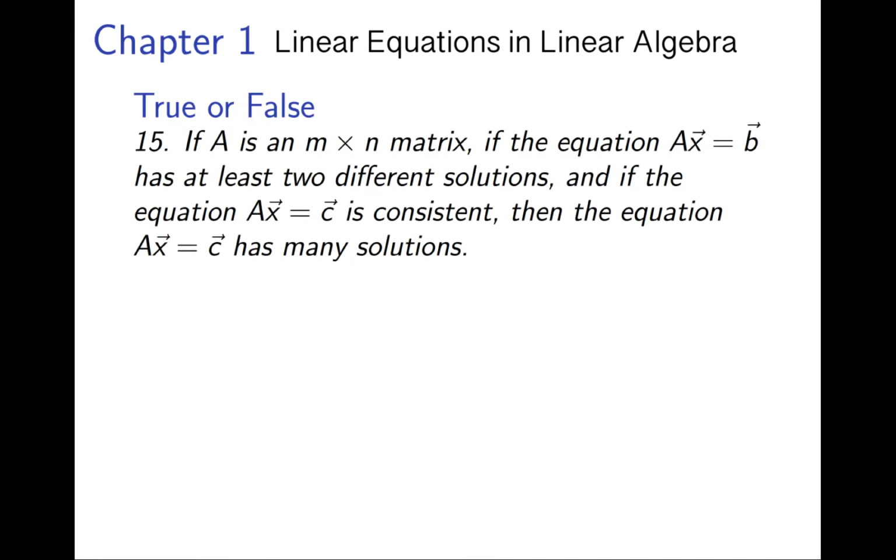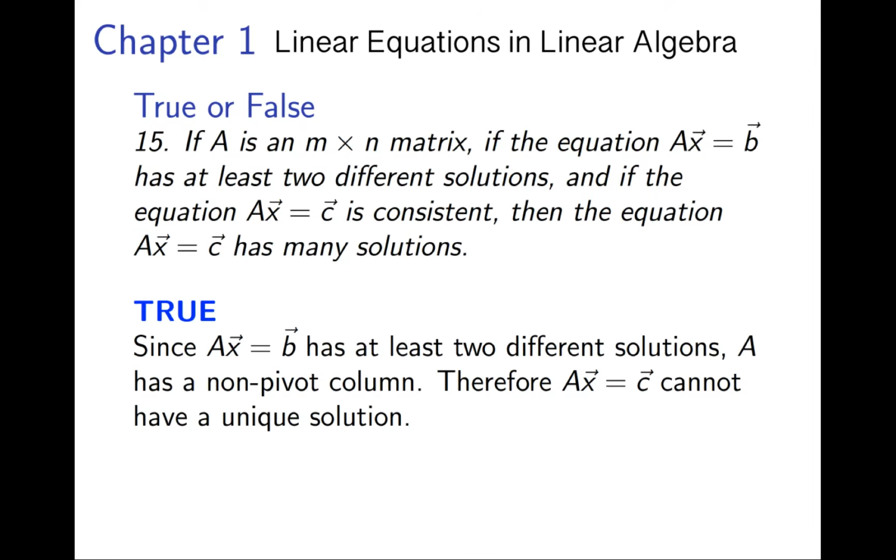Number 15. If A is an m by n matrix, and if the equation AX equals B has at least 2 different solutions, and if the equation AX equals C is consistent, then the equation AX equals C has many solutions. Well, this is true.